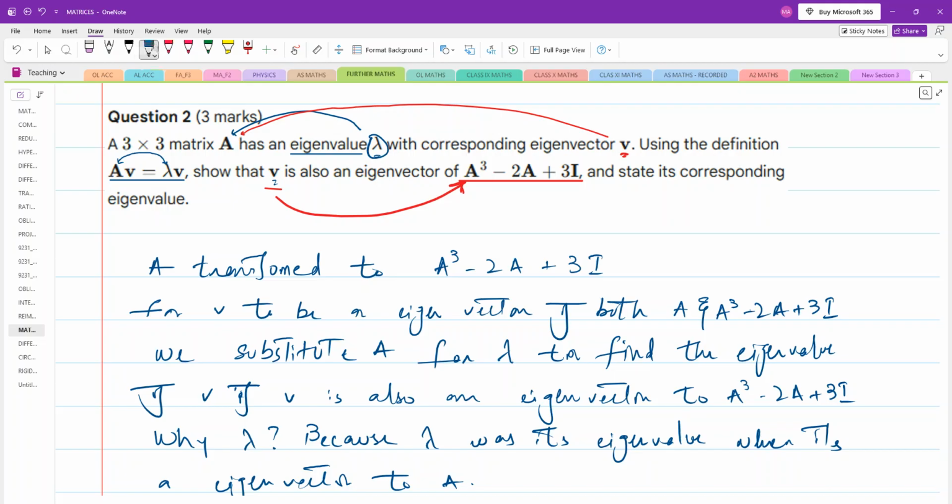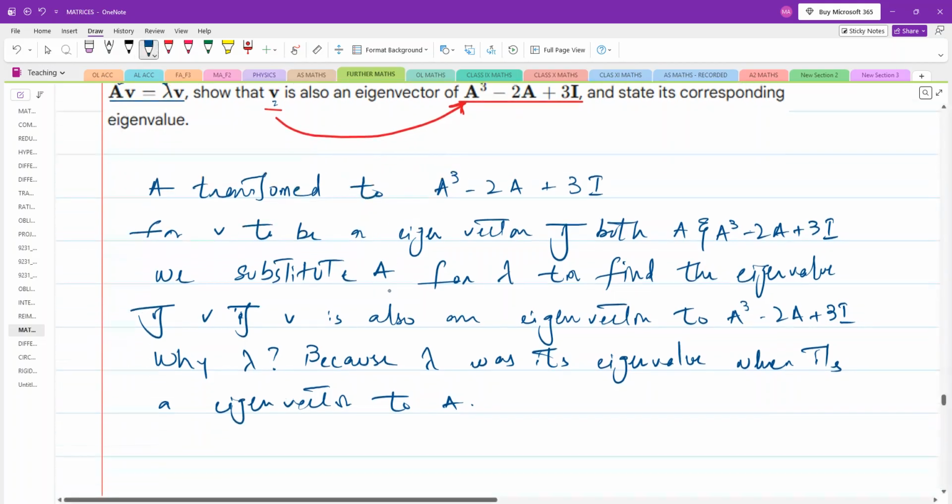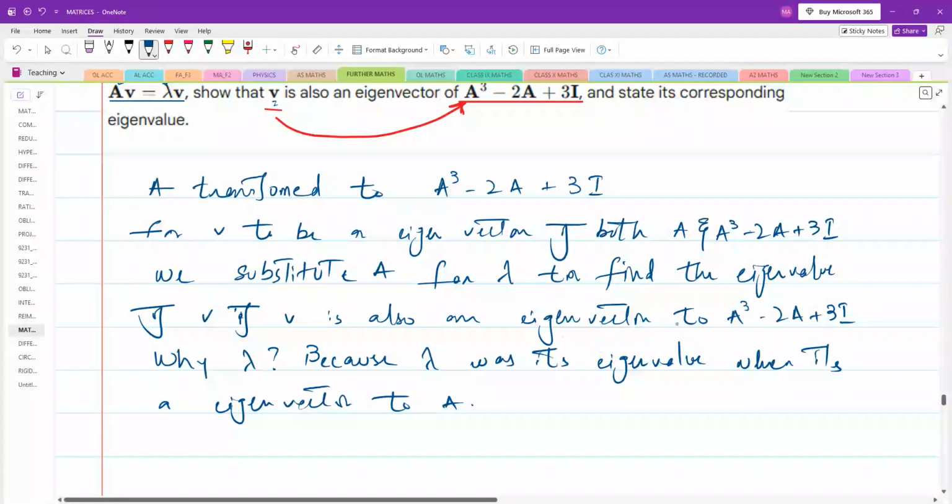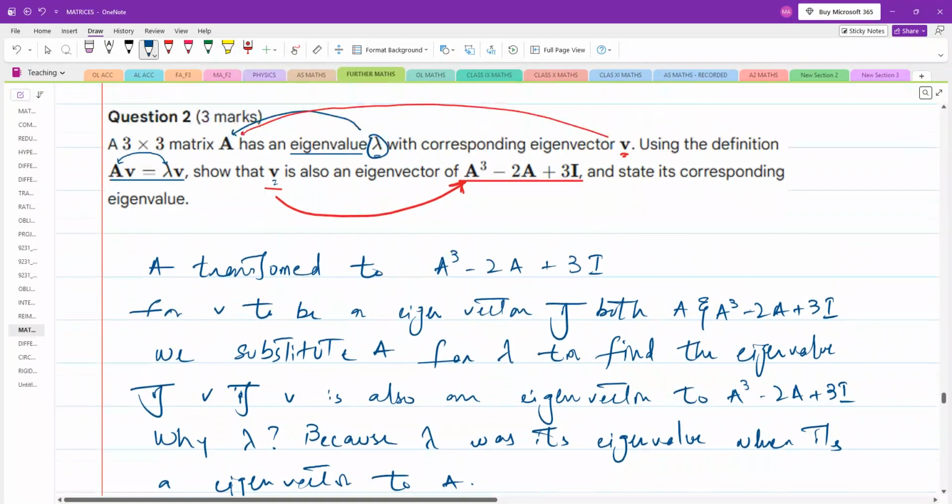Now the whole thing is written over here. For V to be an eigenvector of both A and the equation, we substitute lambda for A to find the eigenvalue of V if V is also an eigenvector. Why lambda?